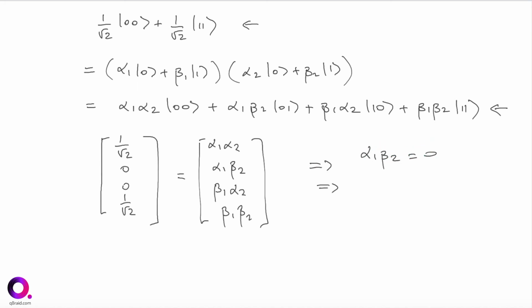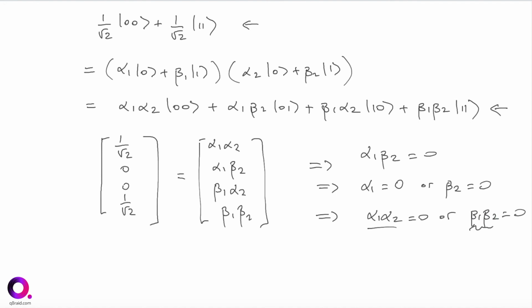And what this means is that at least one of alpha 1 or beta 2 is equal to 0. But notice that this implies that at least one of alpha 1 alpha 2 or beta 1 beta 2 will be equal to 0. Right? If alpha 1 is equal to 0, then alpha 1 alpha 2 will be equal to 0. If beta 2 is equal to 0, then beta 1 beta 2 will be equal to 0.